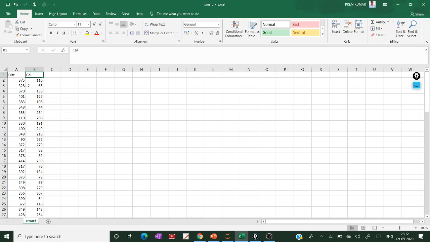At that time we travel some distance, so I noted the distance down in an Excel sheet, and how many calories I burned are recorded in the smart band. So this is the simple data I am taking myself, and based on this data, we have to identify whether outliers exist or not.